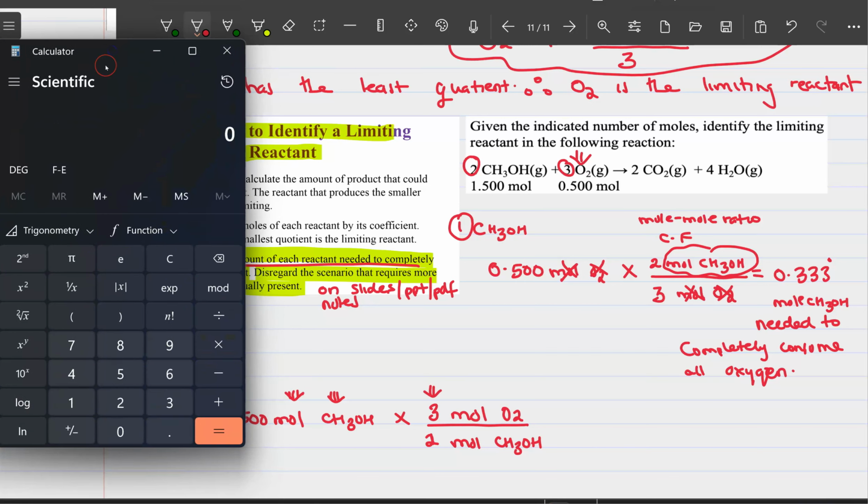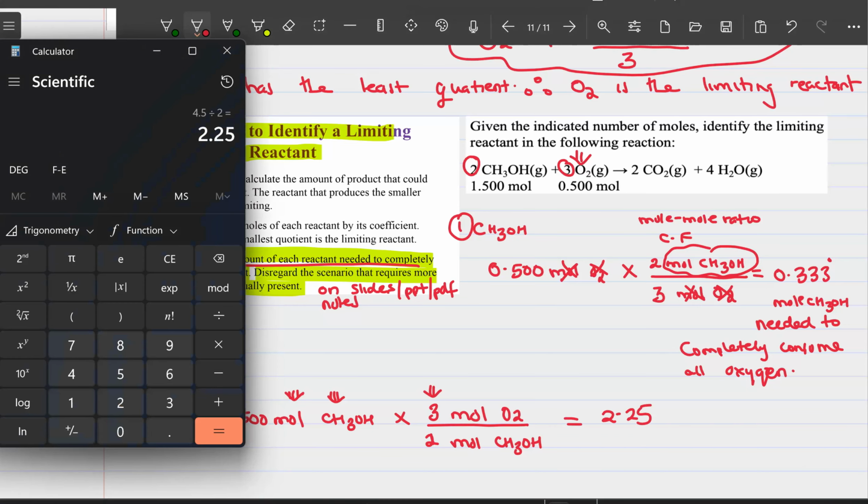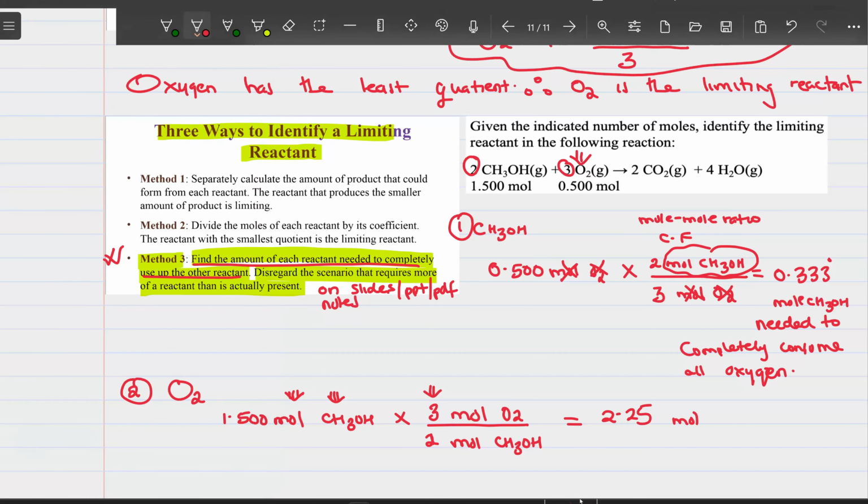I'm going to multiply by 3. I divide by 2. It's giving me 2.25. Yeah, 2.25 moles of oxygen is going to be needed to completely consume all methanol.